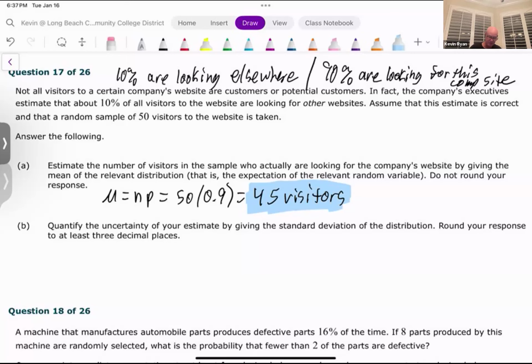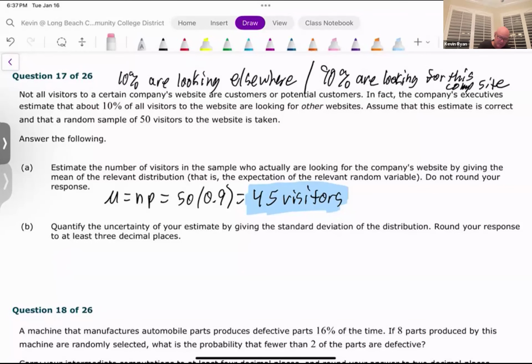P in this case is the 90%. Quantify the uncertainty of your estimate by giving the standard deviation of the distribution. Round your response to at least 3 decimal places. So sigma is the square root of n times p times q, which for us is going to be 50 times 0.1 times 0.9.